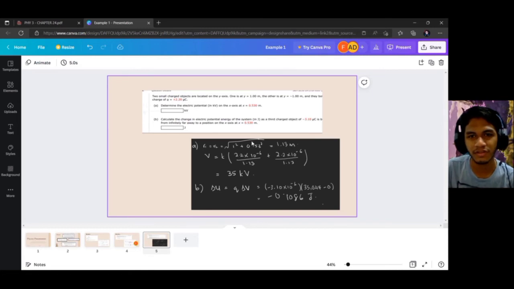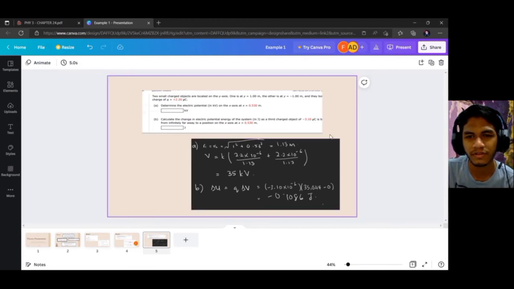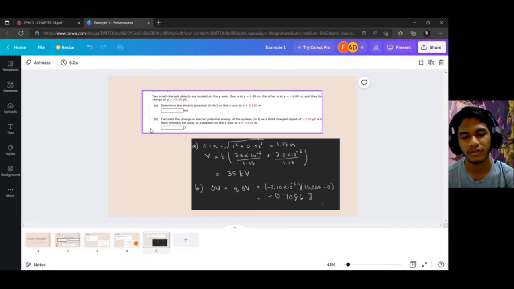We substitute the values given into the equation, and we get the square root of 1 squared plus 0.53 squared, which is equal to 1.13 meter. Then that is our r. So substitute r into the equation I stated earlier. V is equal to k, then both r are the same, as well as the charges. Substitute the constant k also, and we will get the answer, which is 35 kilovolt.